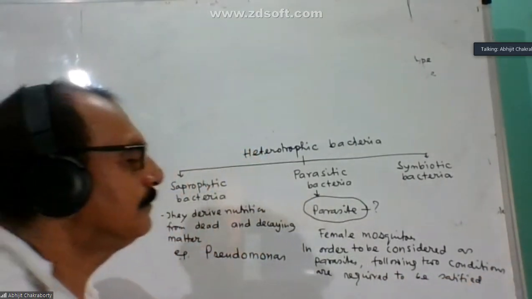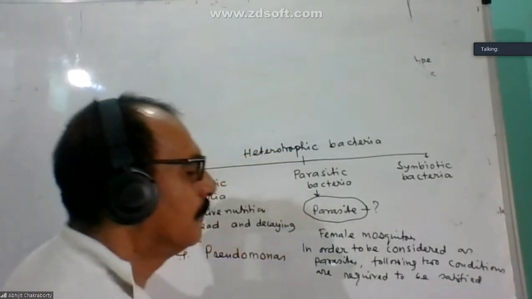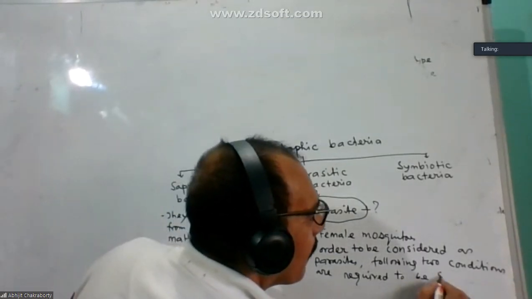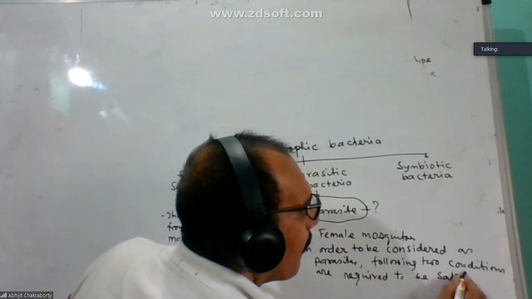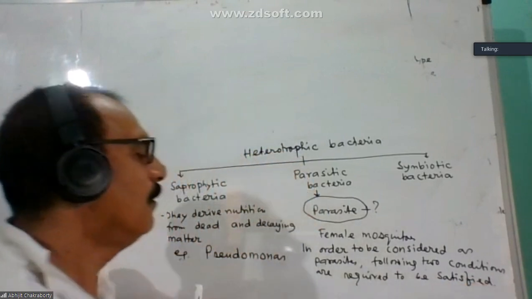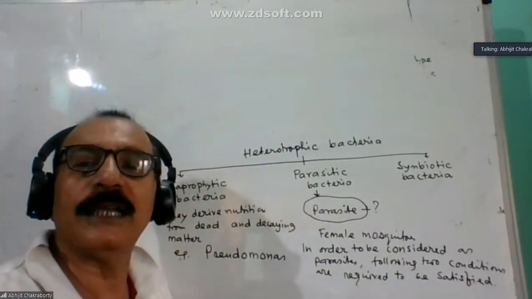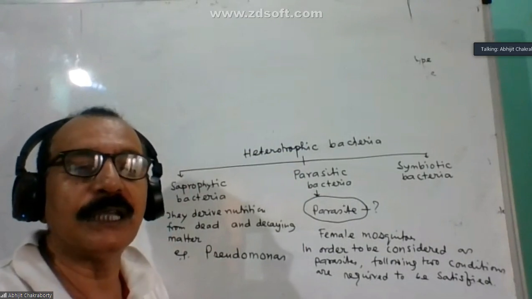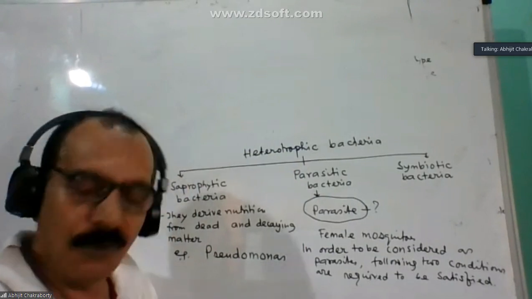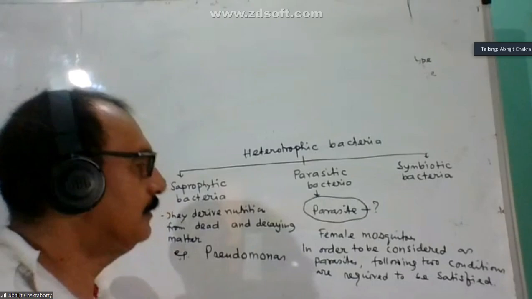What is written? In order to be considered as parasite, the following two conditions are required to be satisfied. What are these two conditions? I am writing around.